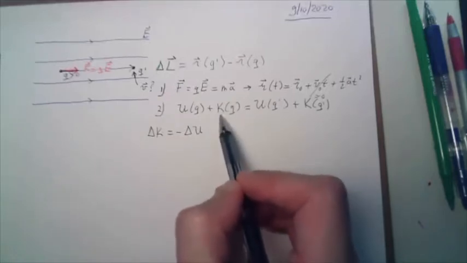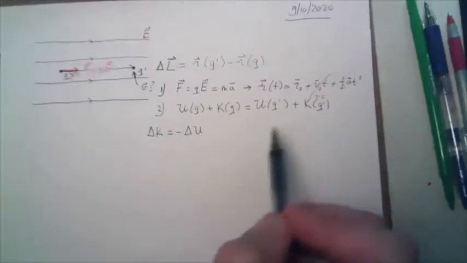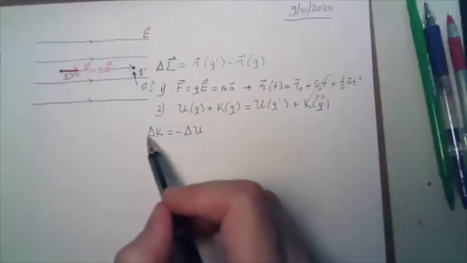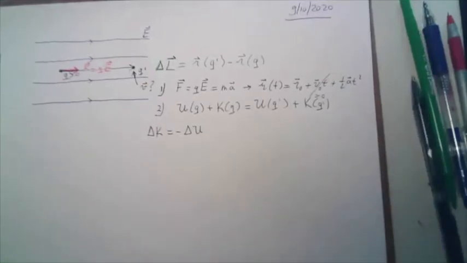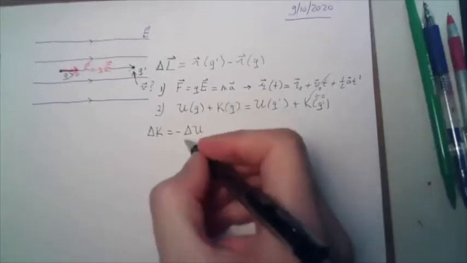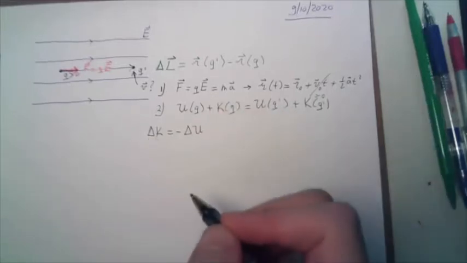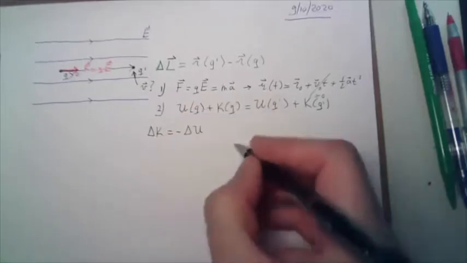And the same thing with K. We can move the K of Q over to the K of Q prime, and then we get this delta K. And obviously, because there's a trade-off between potential energy and kinetic energy, there's a change in kinetic energy. All right, so what is this?